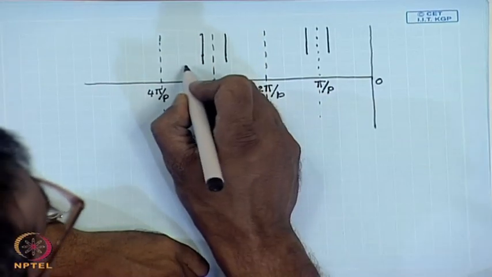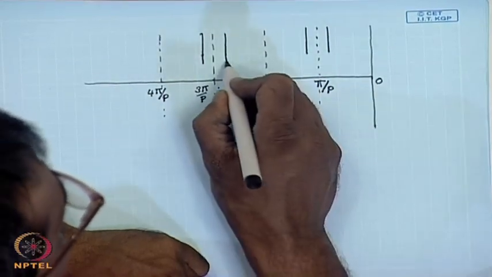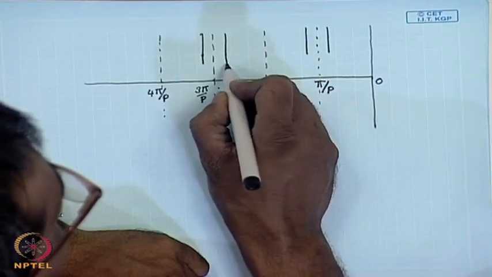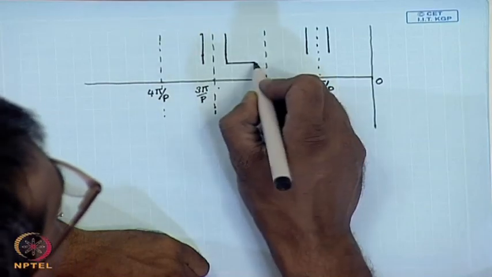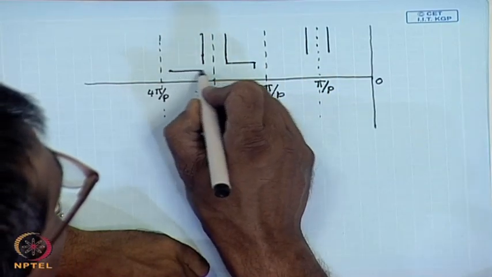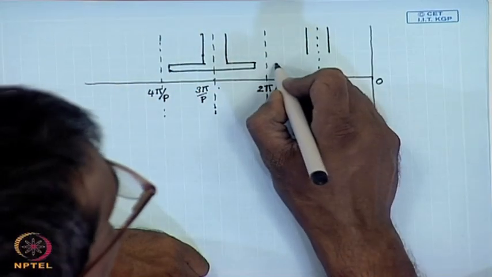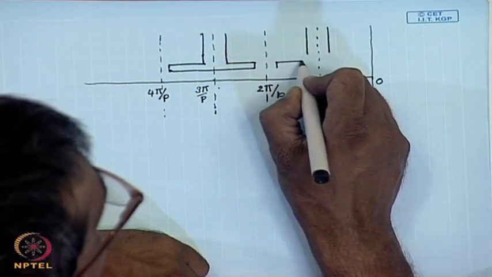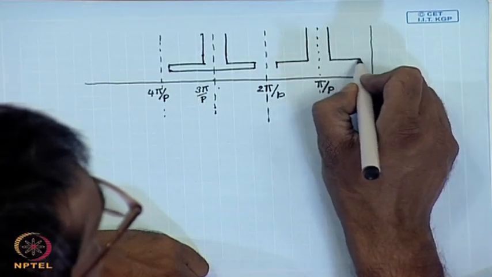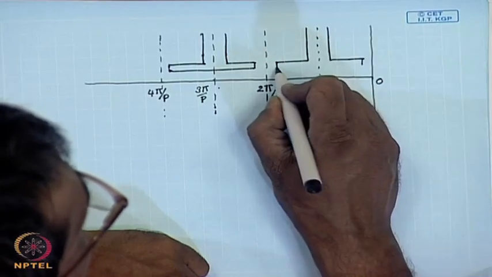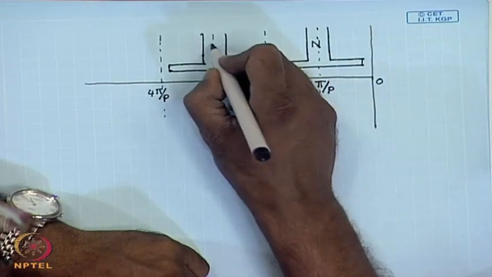The poles are fitted with pole shoes, which cover most of the armature surface. Therefore, we can draw the pole shoes somewhat like this. So, this is north pole, this is south pole.